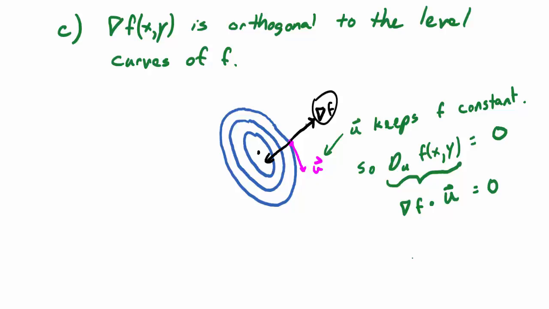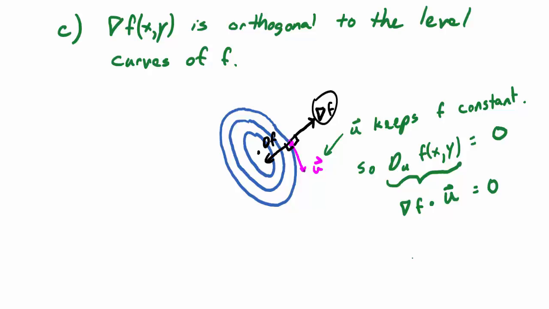So either way it's orthogonal to the level curve and to u. Either way, del f is orthogonal to u, which means since u is tangent to the level curve, it's orthogonal to the level curve. That takes some thought, but that picture gets you there.